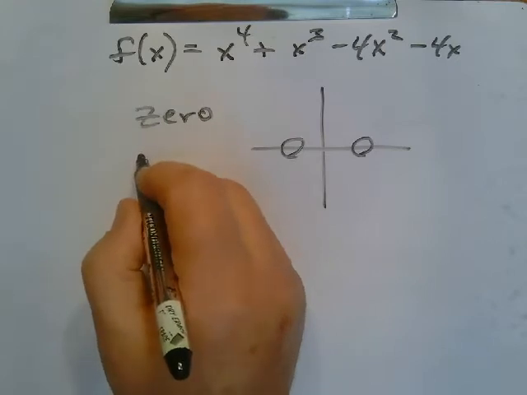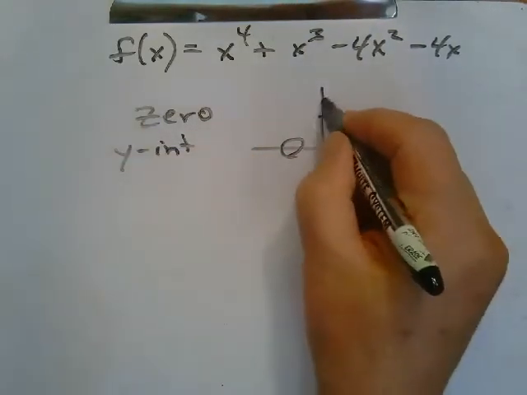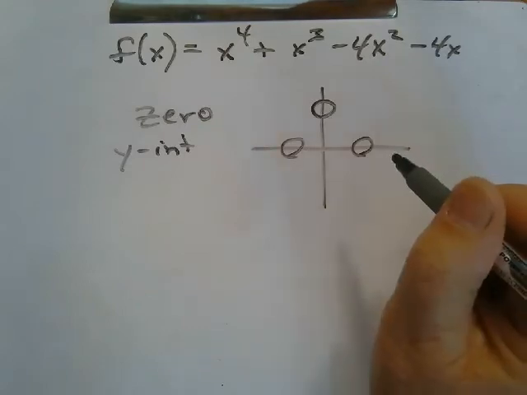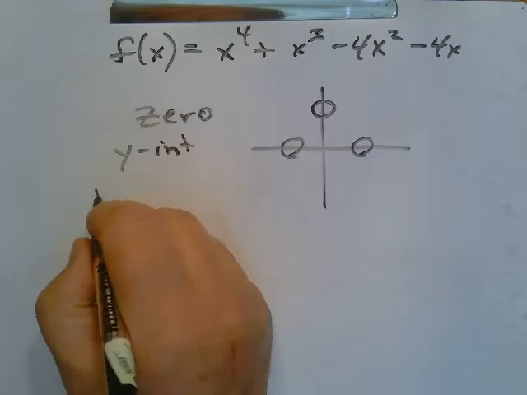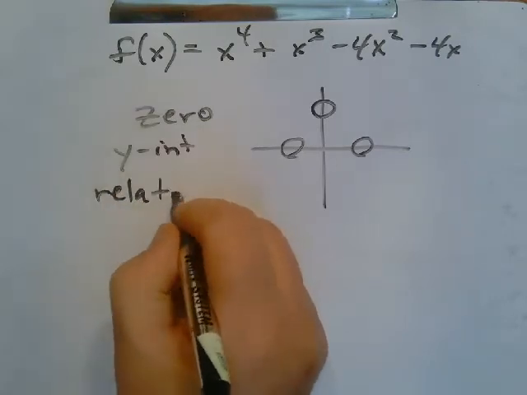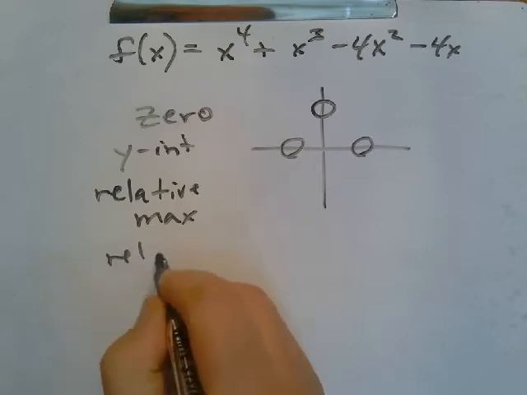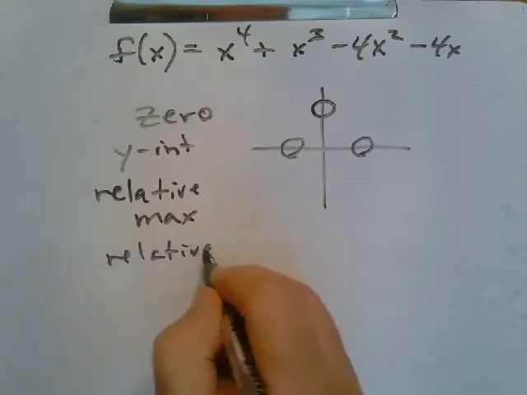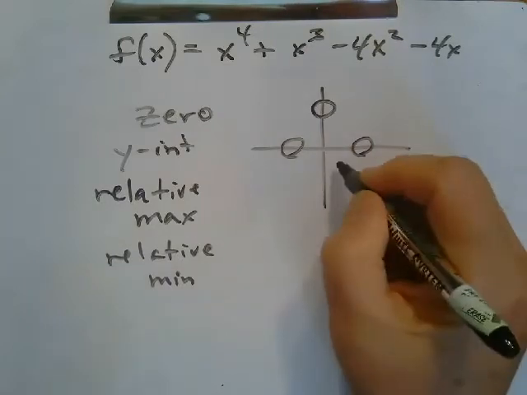I might be looking for the y-intercept. Where does this thing cross the y-axis? Also, we're going to talk about what we call the relative maximums and the relative minimums. In other words, this graph may turn somewhere.